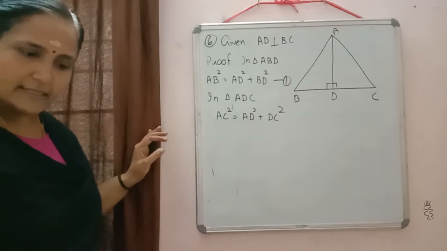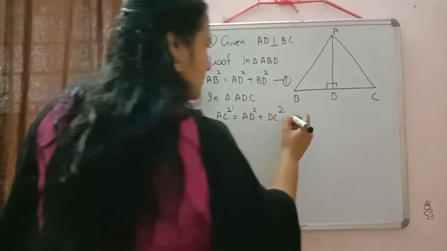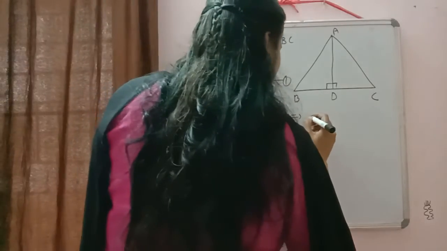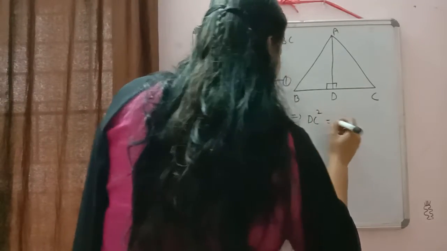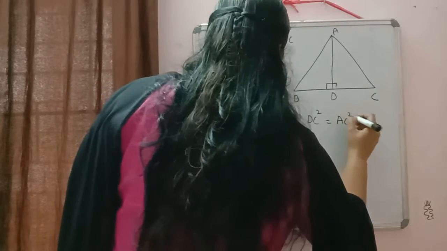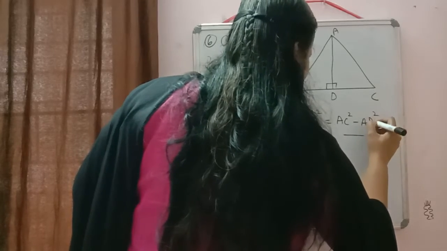But in the left hand side, which side we need? CD we need in the left hand side. So except CD, this AD I am going to shift there. Then what will come? CD or DC, same only, CD square will come is equal to AC square minus AD square. Make it equation number 2.